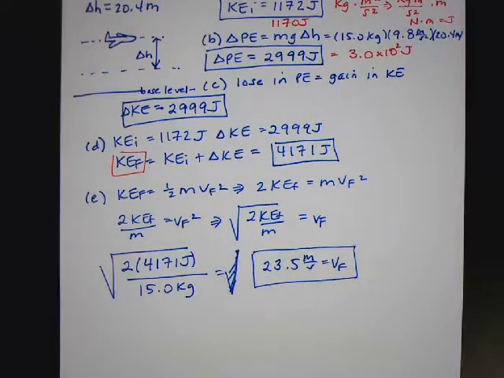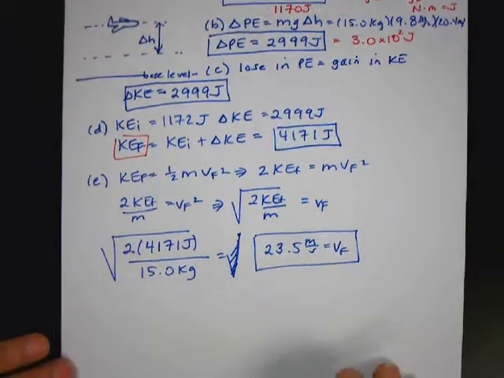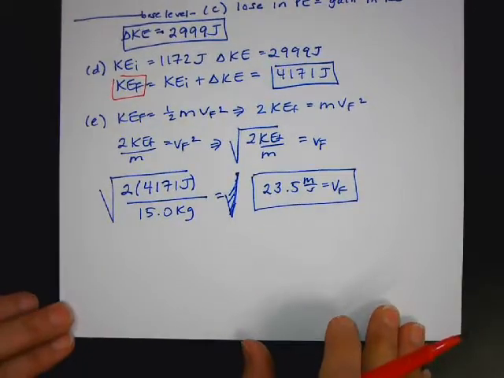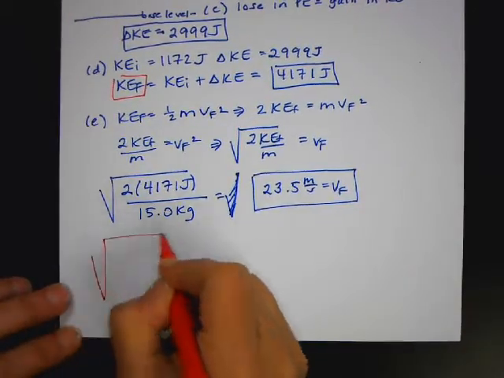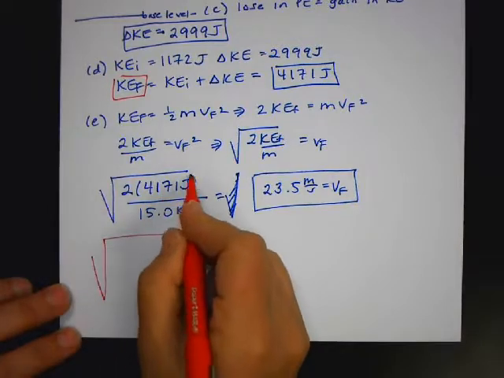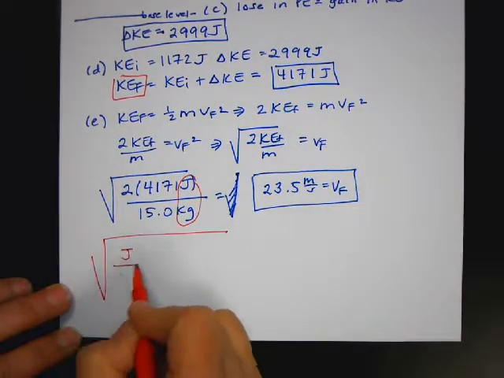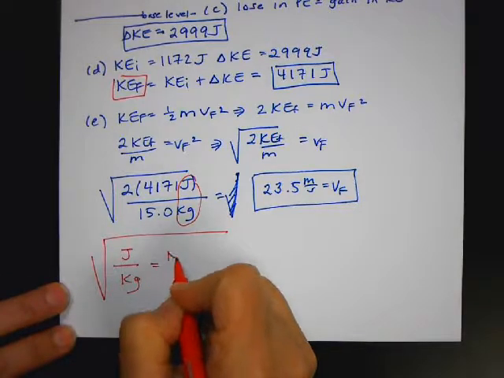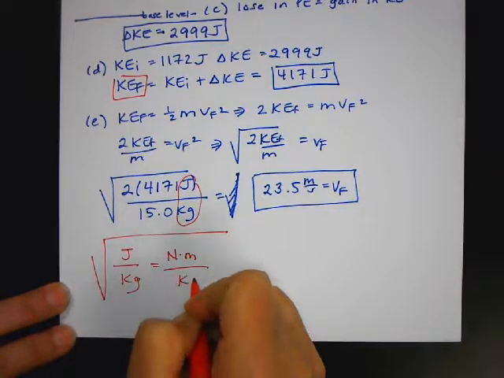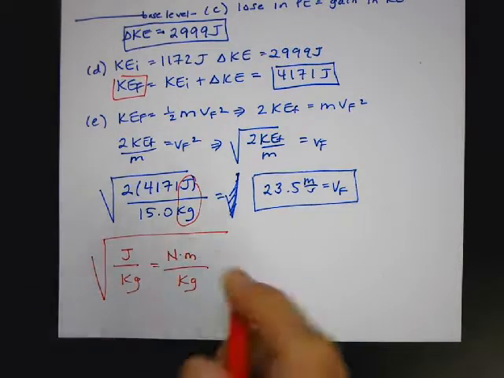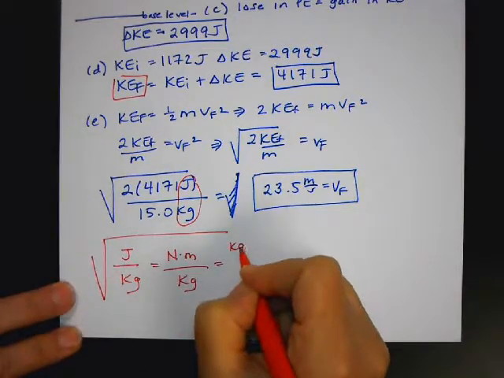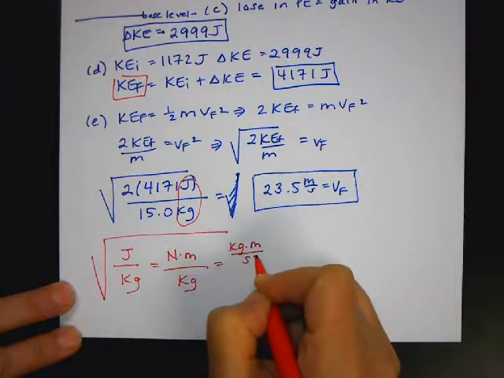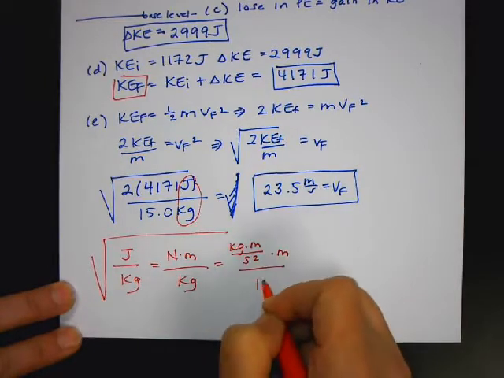So I don't want to just throw in, oh, I know it's supposed to be meters per second. The great thing about physics is when you carry your units through and cancel them, you check your work. So let's do that. If we look at my units, I have a joule divided by a kilogram. I know a joule is a newton times a meter divided by a kilogram. I know a newton is a kilogram meter per second squared times a meter over a kilogram.